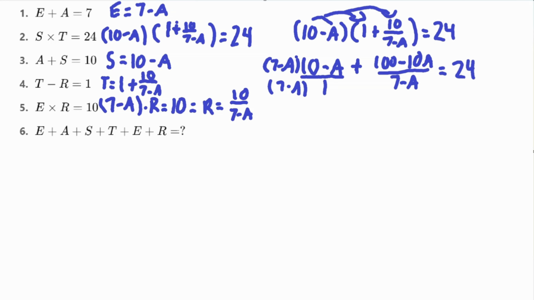If we multiply both by 7 minus A, it will give us an equivalent value, but with the same denominator. So the denominator becomes 7 minus A, and then the top, 7 minus A times 10 minus A. That will be 7 minus A times 10 is 70 minus 10A. And then 7 minus A times negative A is negative 7A plus A squared.